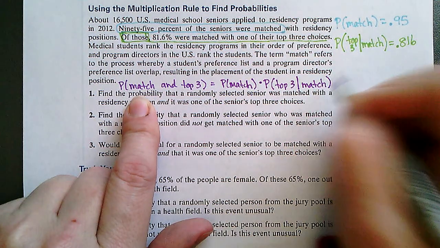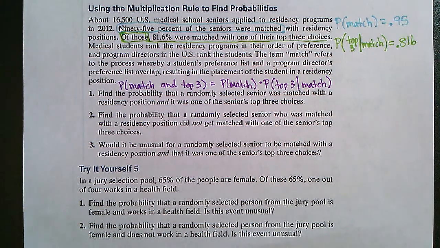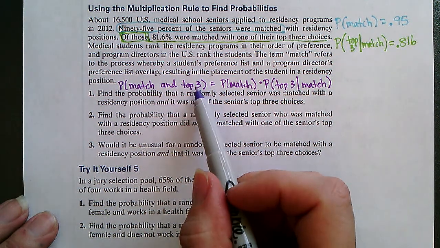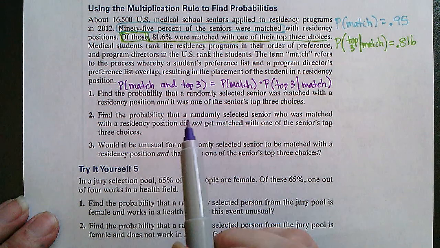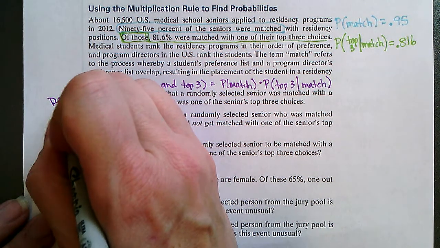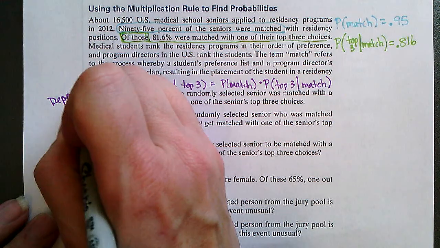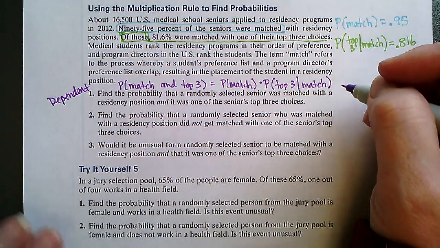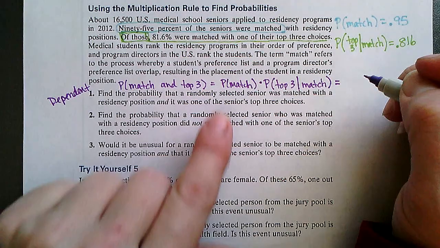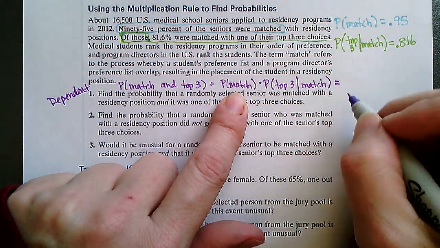Now, are these events independent or dependent? Well, since I can't get in my top 3 unless I already have a match, these are dependent. So when I calculate this probability, the probability of getting a match was 0.95.